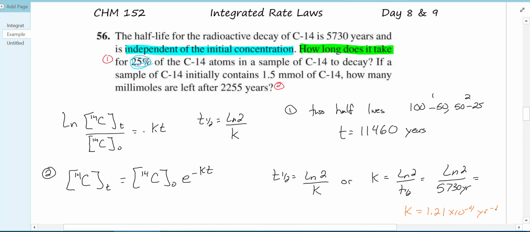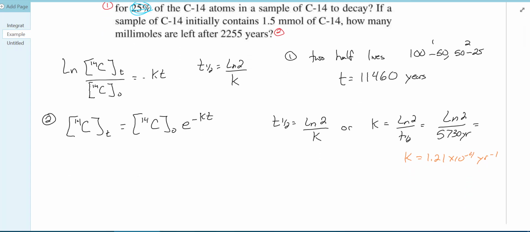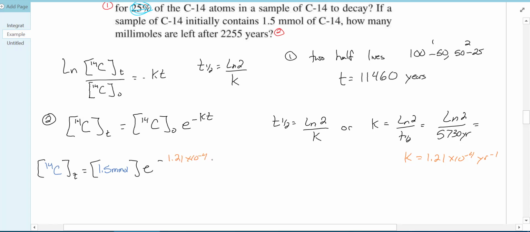So now we can solve this problem. I'm looking for carbon-14 concentration or amount at time t. I know the original, which happens to be 1.5 millimoles, times e to the negative k, 1.21 times 10 to the negative 4 year negative 1, and t, which happens to be 2,255 years. And so my units of t are good.